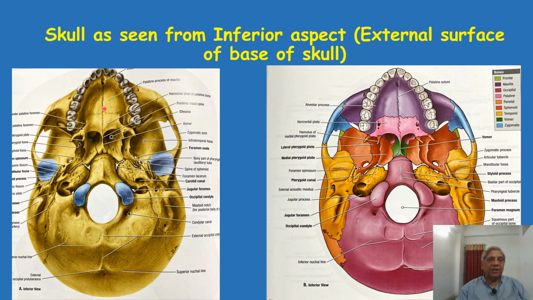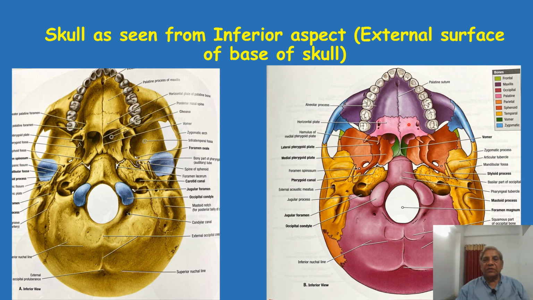Just posterior to this is the palatine bone, and this is the horizontal plate of the palatine bone. You can see there is a suture because there is another bone. You can see here in the color diagram, this part in dark violet is the maxilla, which is also articulating on the side, as seen from the basal part, with the part of the zygomatic bone seen in blue color.